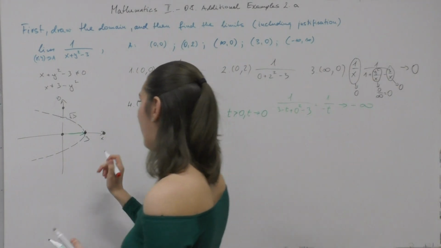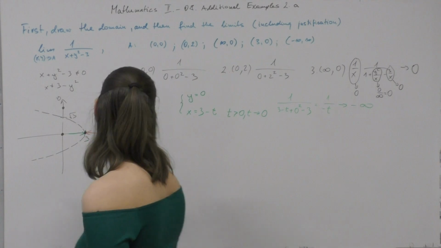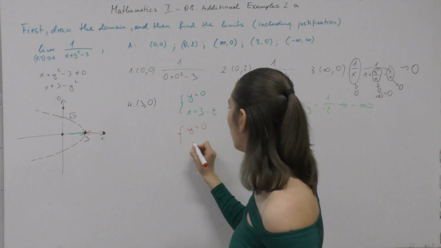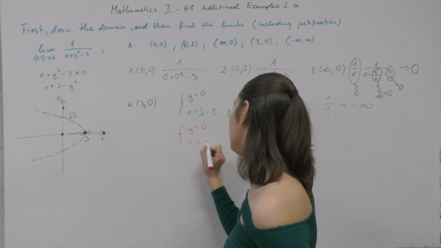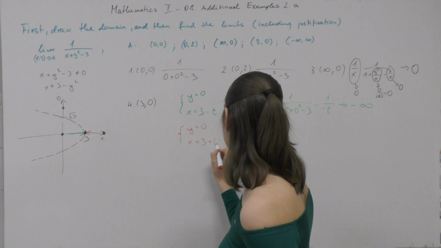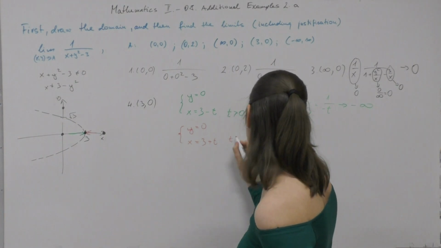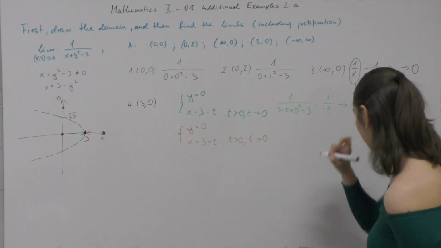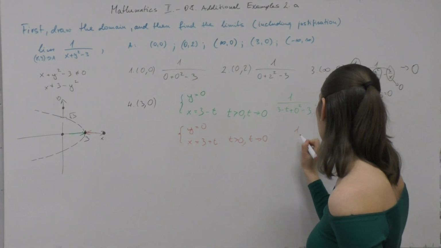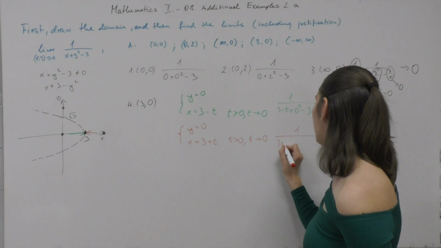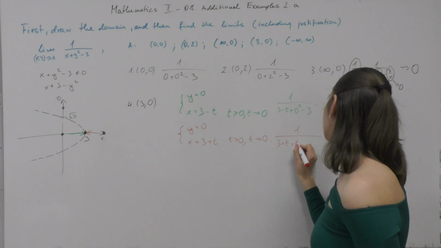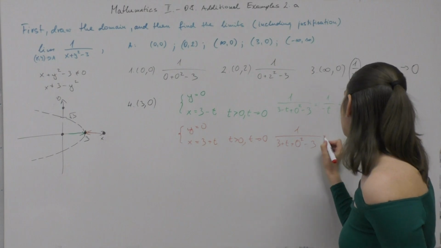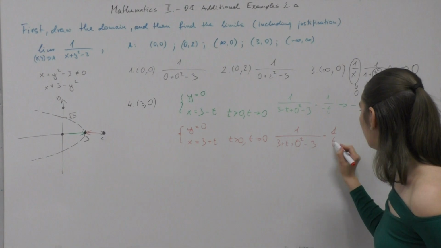For example, another path can be this one, where y is 0 and x is 3 plus t, where t is positive and t goes to 0. So our function will be 1 over 3 plus t plus 0 squared minus 3, which is 1 over t.